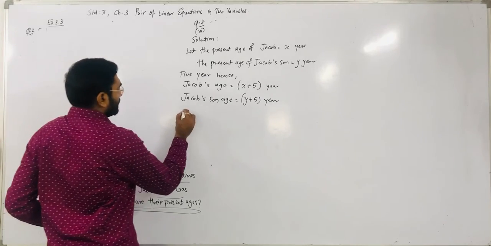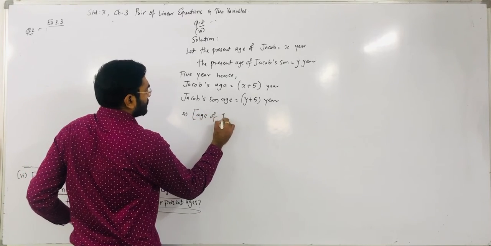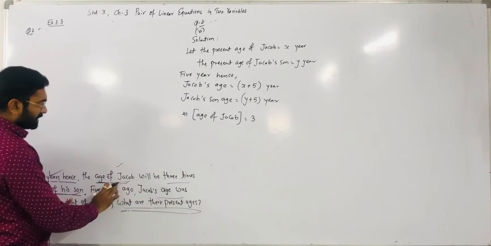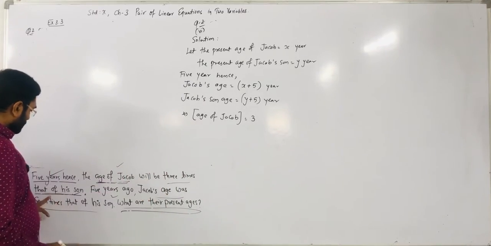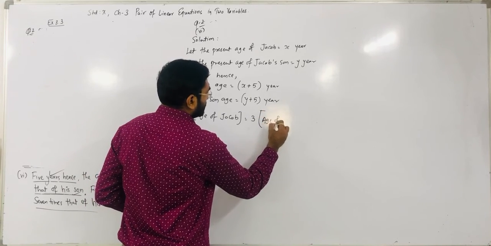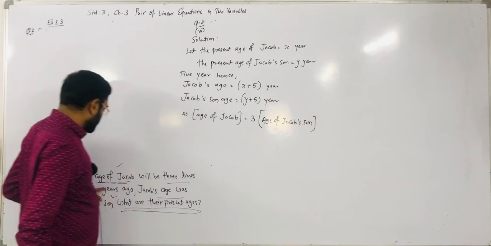So we represent that relation here. The age of Jacob will be 3 times the age of his son. That relation is given in the question.